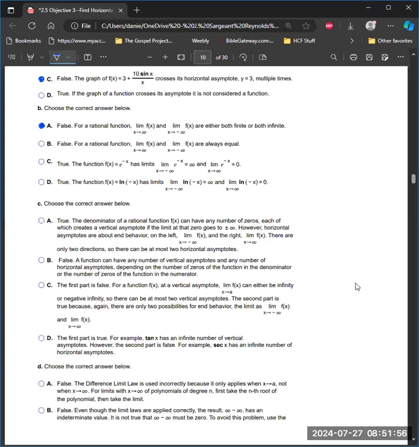If the limit at that zero goes to positive or negative infinity, that's what they're saying. It doesn't create a hole there. However, horizontal asymptotes are about end behavior on the left, the limit of the function as x approaches negative infinity, and the right, the limit of f of x as x approaches infinity. So there are only 2 directions, so there can be at most 2 horizontal asymptotes.